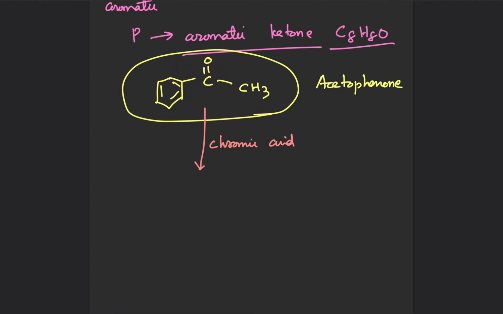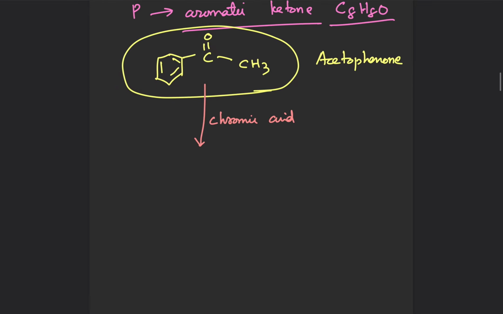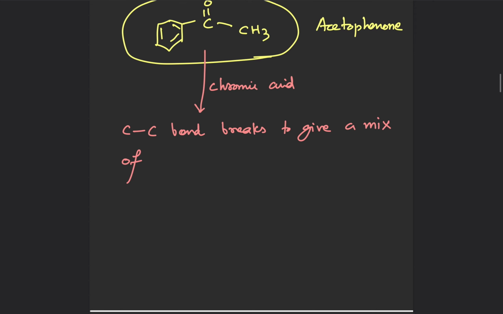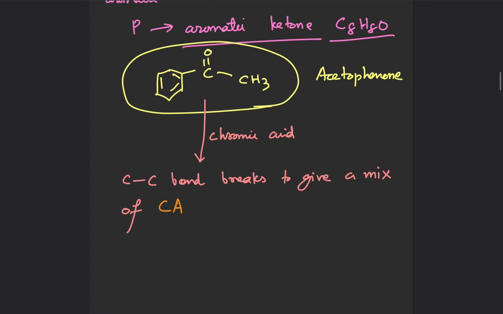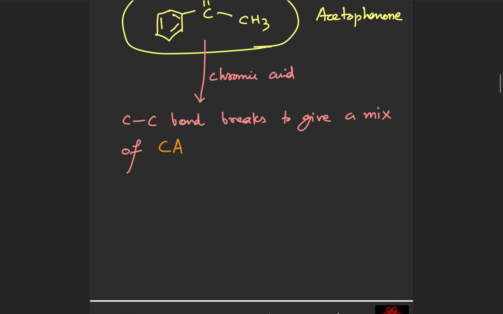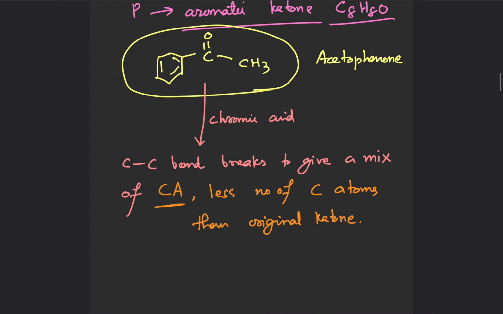Whenever we oxidize ketones, C-C bond breaks to give a mixture of carboxylic acids, and those carboxylic acids will have less number of carbon atoms than the original ketone. You will see the reason. So here the number of carbons are 1 2 3 4 5 6 7 8. So there are total 8 carbon atoms.